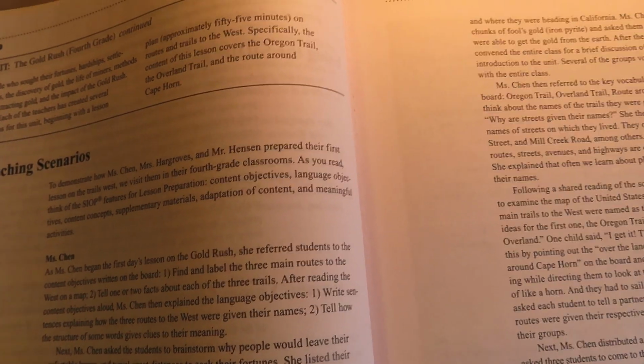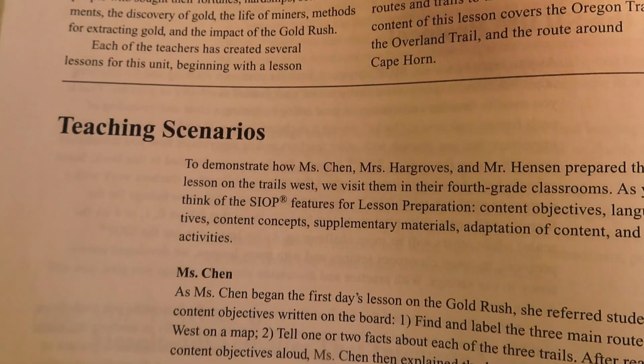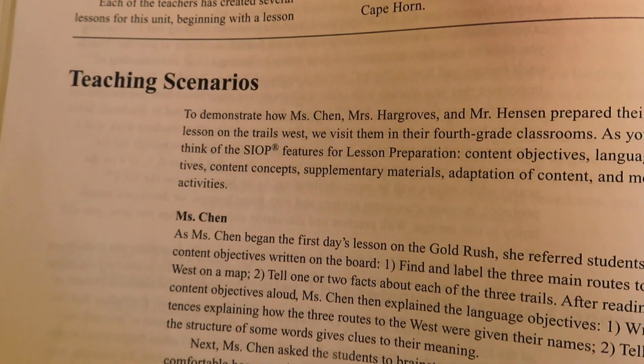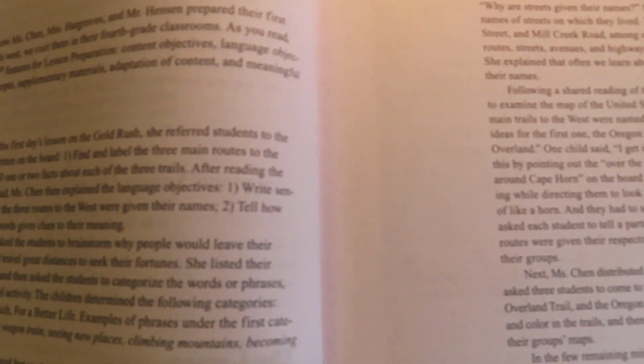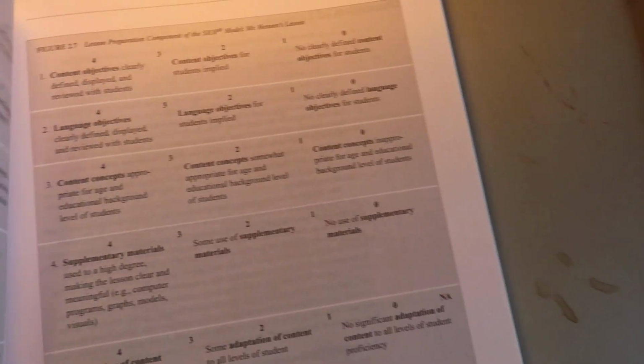Now, the other thing as well is, you're reading this book because you want to get useful information, right? But when you're reading the teaching scenarios, you know that at least 2 out of the 3 teaching scenarios are going to be less than ideal practice, because there's only one ideal lesson.